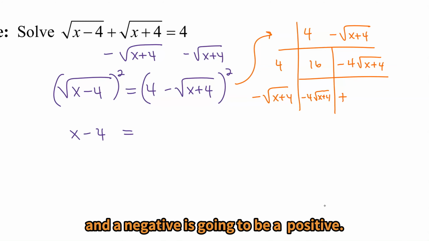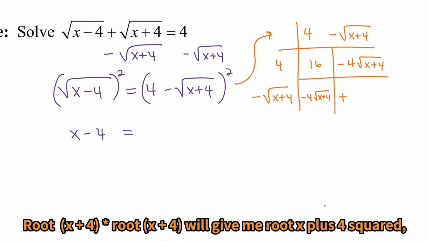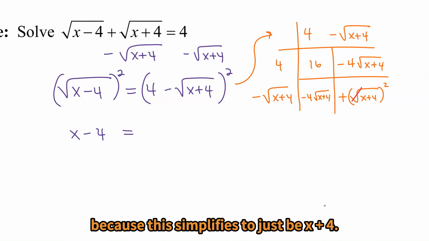And a negative times a negative gives me a positive: root x plus 4 times root x plus 4 gives me root x plus 4 squared, which is great because this simplifies to just x plus 4.